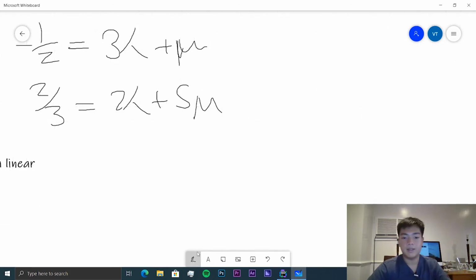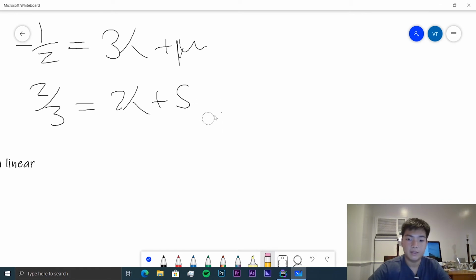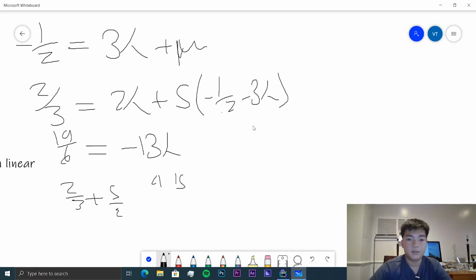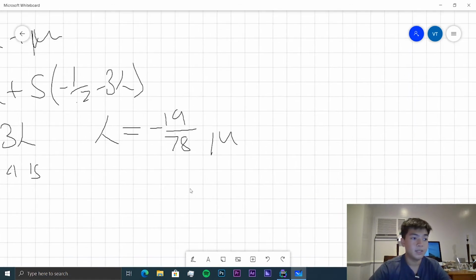So this is 2 lambda plus 5 times negative 1/2 minus 3 lambda. So this is equal to 2/3 plus 5/2, which is 19 over 6, is equal to negative 13 lambda. So we have lambda is equal to negative 19 over 78, I think.